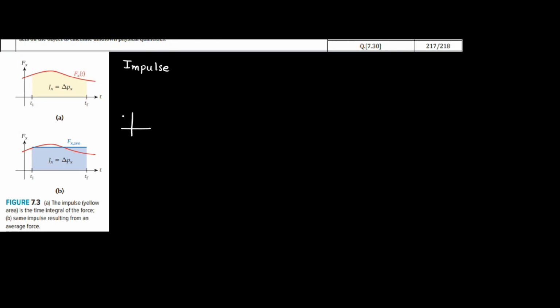The area under this graph will give me the impulse, which is equal to J. So in questions where they want you to find impulse or final velocity using a force-time graph, you will be finding the area under the graph.